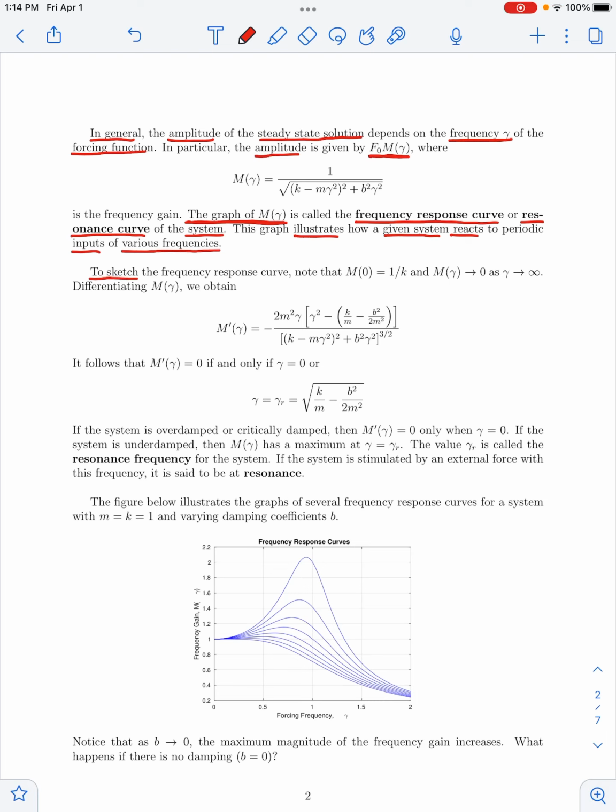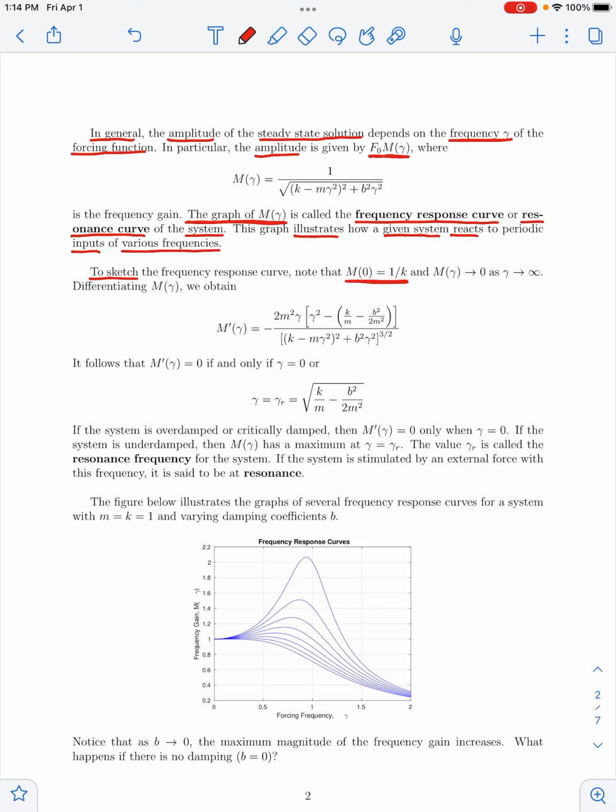So let's think about sketching this frequency response curve. To sketch this, let's first note that when gamma is 0, that is, if our forcing function was a constant, f naught, then our frequency response would be 1 over k, 1 over the stiffness of the spring.